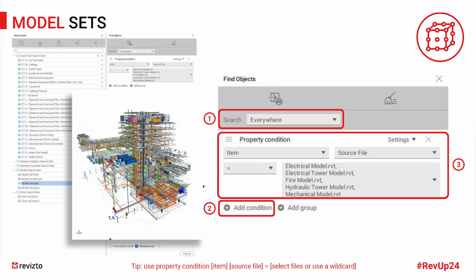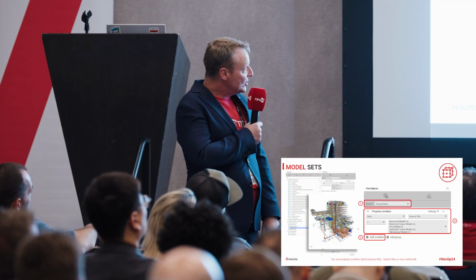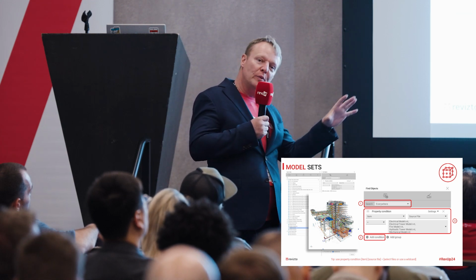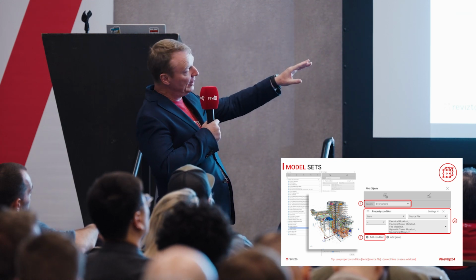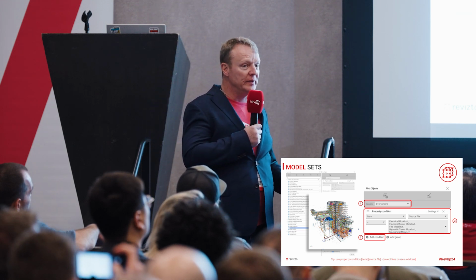So setting them up, it's really simple. If you want to go and create these from scratch, just go to your Find Objects, Properties, pull that up. I start with the model search sets with the search everywhere. It's like an open category. You're just going to look everywhere in the Revizto environment and then just nominate the models. You can use wildcards and bits and pieces if you want a bit more flexibility in that space.